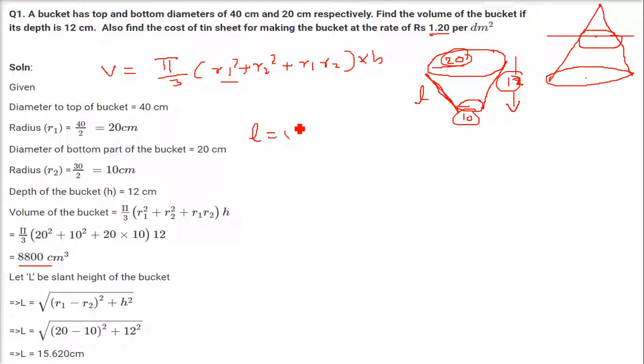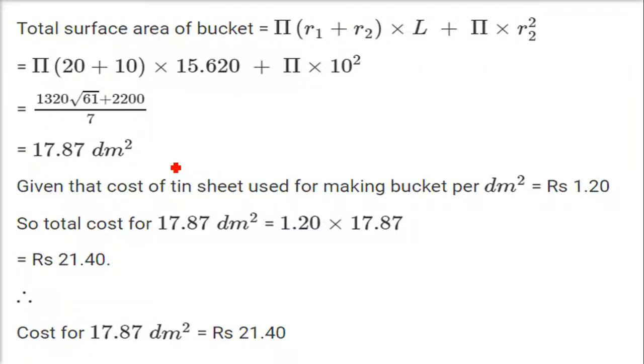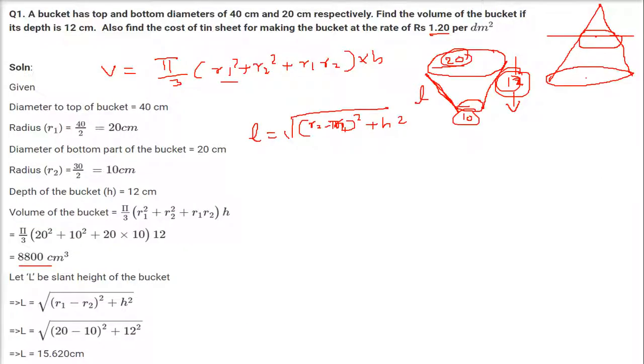The slant height formula is under root r2 minus r1 whole square plus h square; r1 minus r2 or r2 minus r1, it doesn't matter. H is 12. So 20 minus 10 whole square plus 12 square, and you take the root, this will come as 15.620.